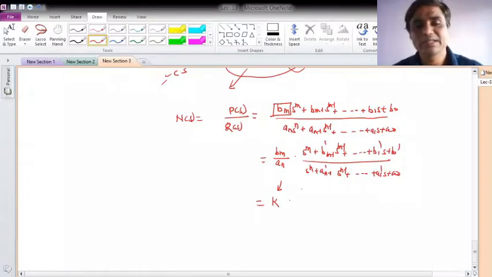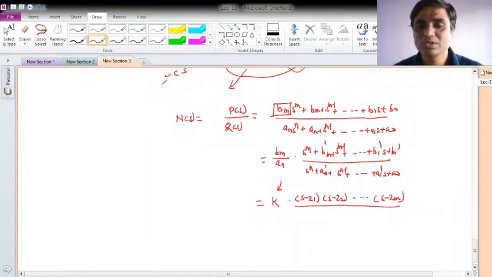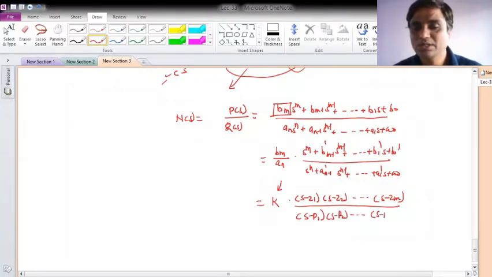I can easily get the roots. So the roots will be, suppose, (s minus z1)(s minus z2) till (s minus zm), over, again the roots in the denominator, (s minus p1)(s minus p2) till (s minus pn).